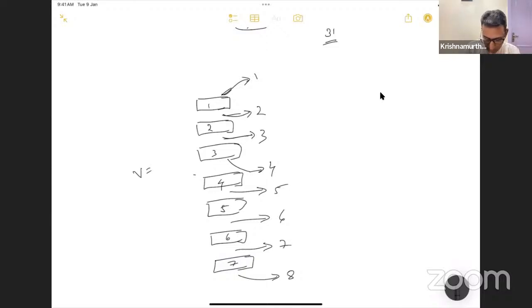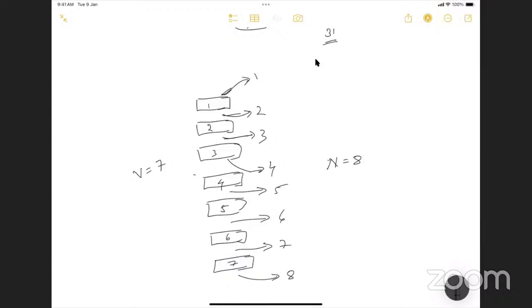Vertebra is 7. Nerves is 8. This part is okay. Cervical, understood? Yes, sir.